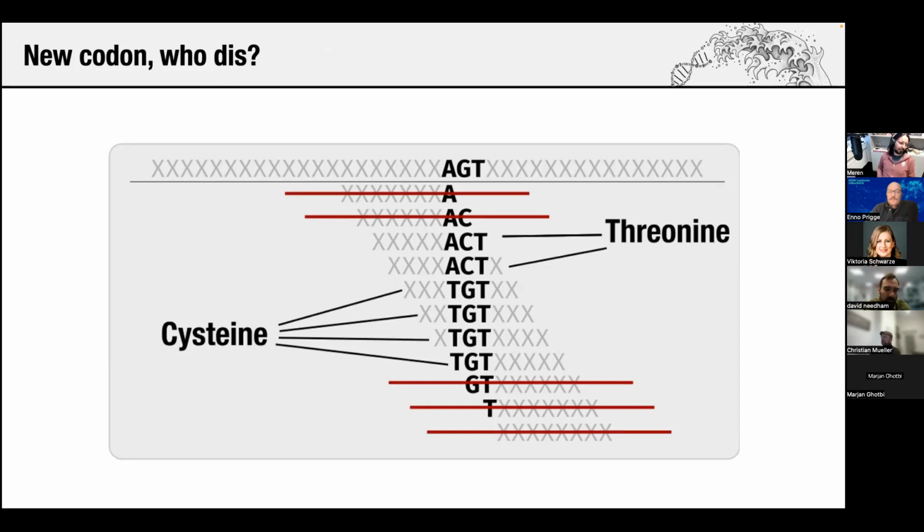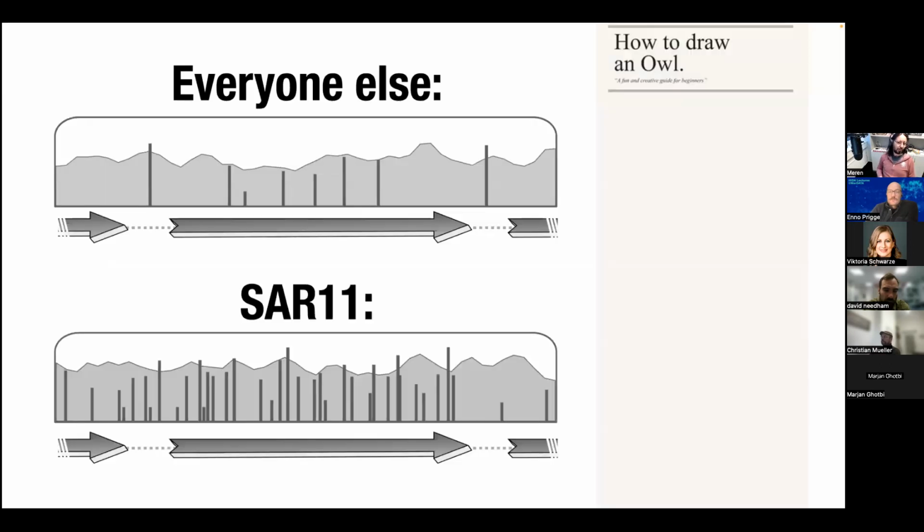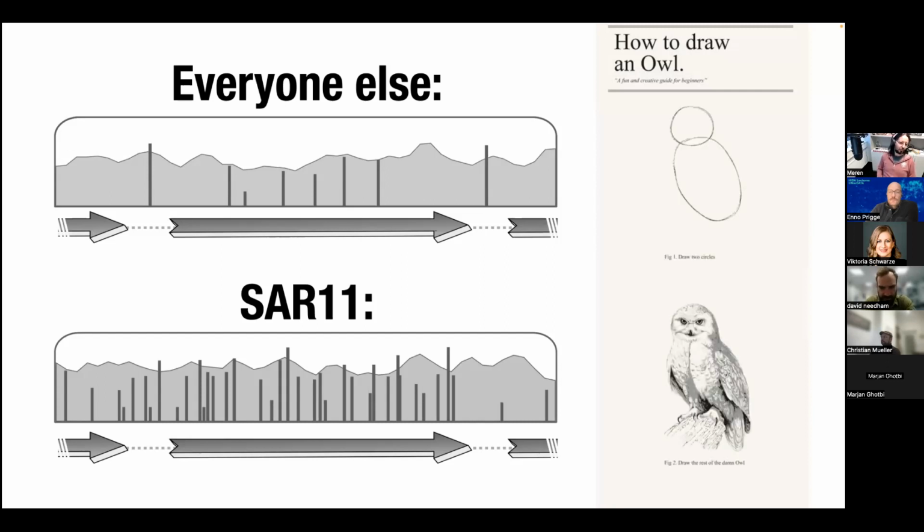So for instance, even in this toy example, in fact, 100% of the variation you observe in the environment is non-synonymous. So that's when we realized that trying to understand processes that maintain genetic heterogeneity in naturally occurring populations using algorithms that are designed to deal with simple problems are, of course, over-challenged when they are thrown on SAR11.